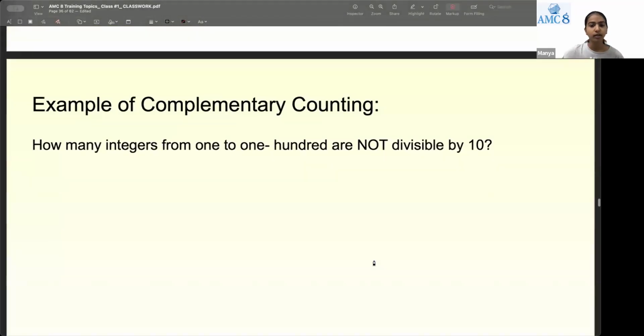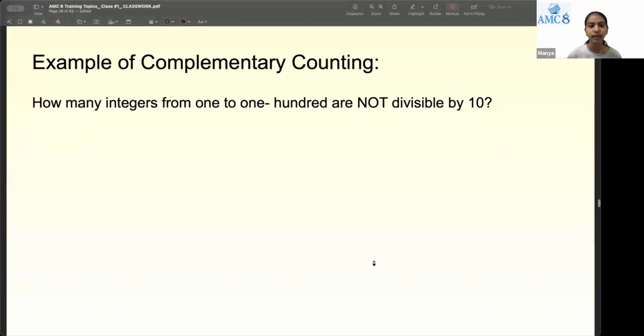And another example of complementary counting is how many integers from 1 to 100 are not divisible by 10. For a number to be divisible by 10, it has to only end with a 0. So how many integers from 1 to 100 are there? There's 100 integers. And how many of these numbers are divisible by 10? 10, 20, 30, 40, 50, 60, 70, 80, 90, and 100.